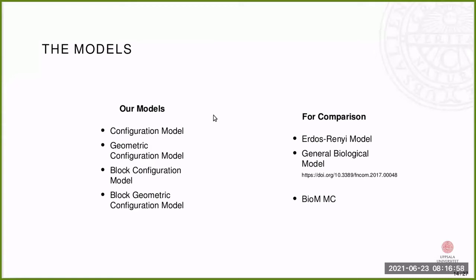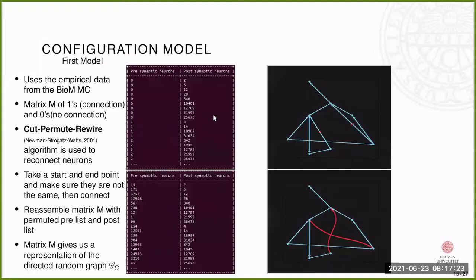And then what I did was to reassemble all of these submatrices once this permutation was completed, and this gave us the general biological model. And the BioM microconnectome is what we've discussed beforehand.